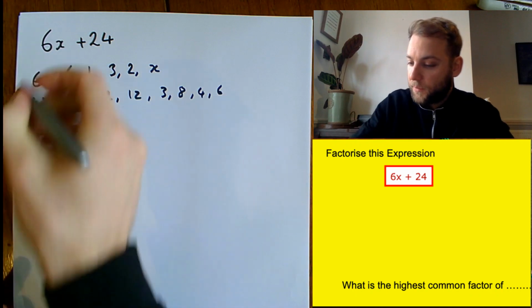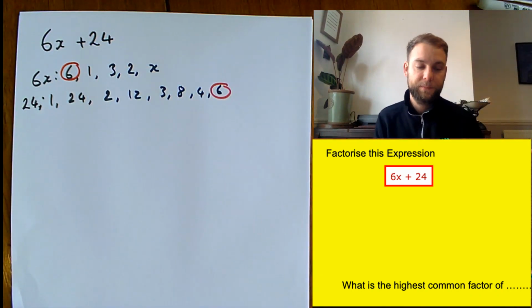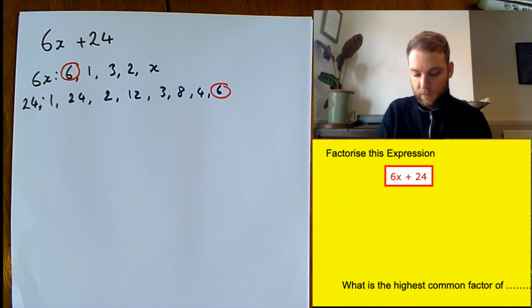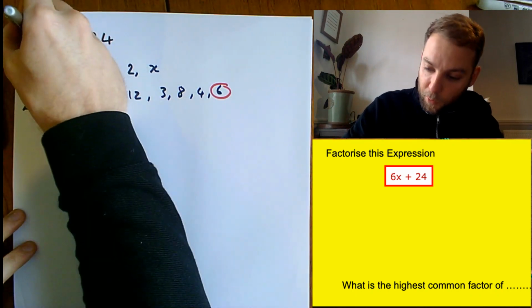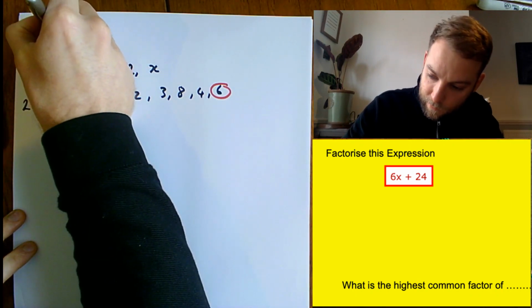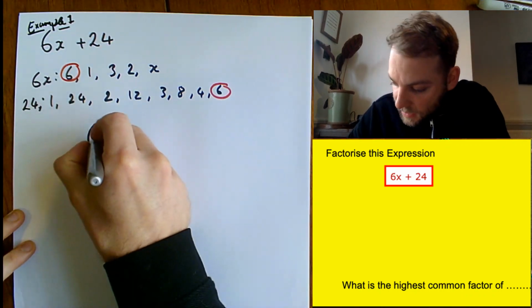Well, the highest common factor that goes into both of these is 6. So that's what's going to go outside my bracket. So this is example 1. So 6 goes outside my bracket.